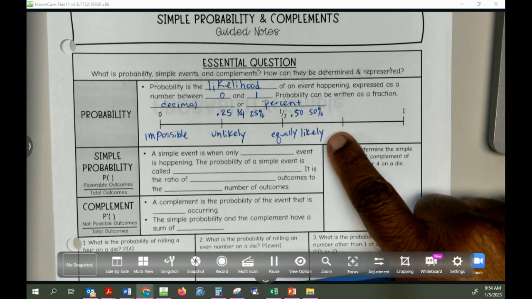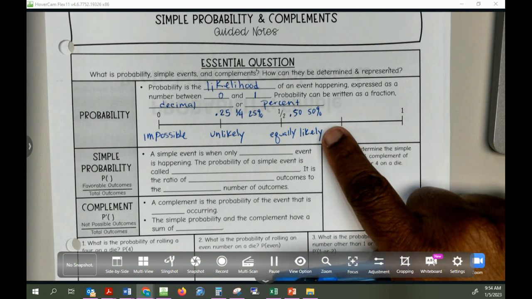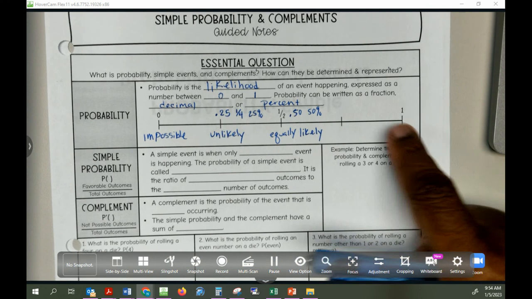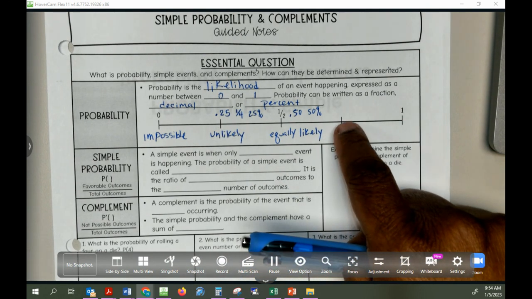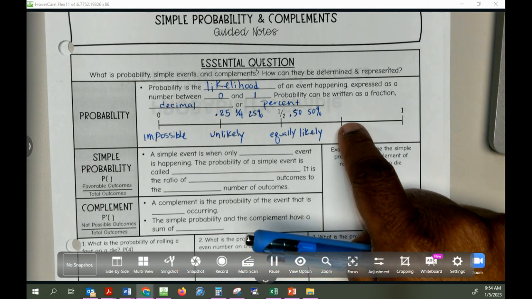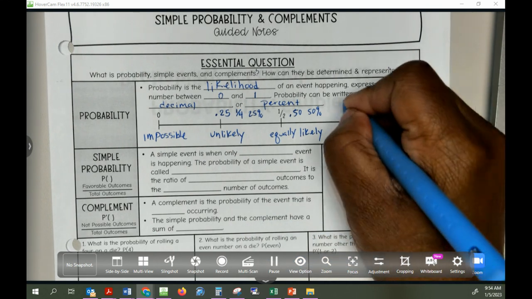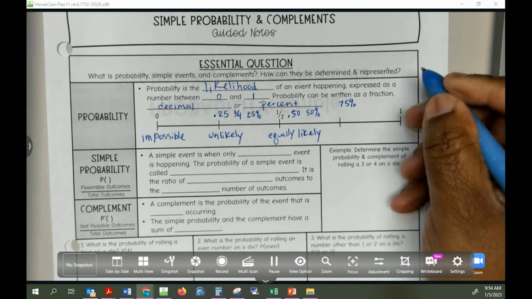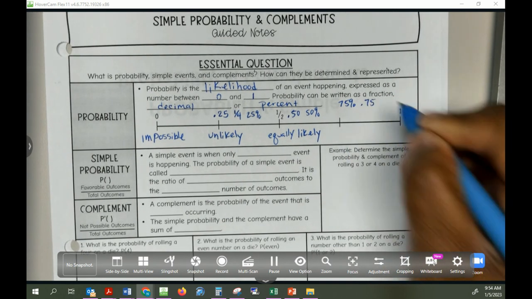And so when we go even further, because again, remember, we said that the probability is between 0 and 1, when we get here, what level is here? 75%. So 75% of a chance. As a decimal, that's 0.75.